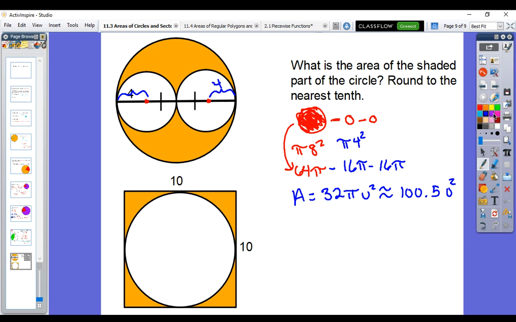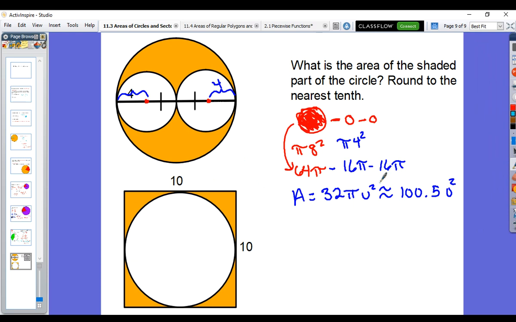So using that same concept and mindset, we have a square. That's our big shape. And we're looking just for the edges of the square because there's a circle on the inside. So if that's the case, then we're going to take the area of the big square minus the area of the circle. So this is a square.